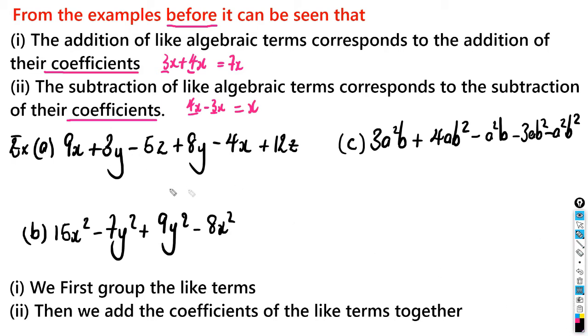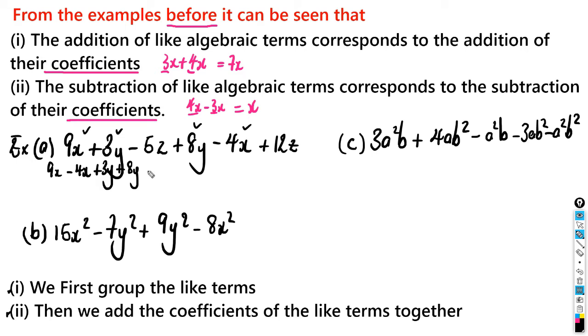Cool. So let's look at these 3 additional examples. And what we're going to do is first we're going to group the like terms, and then we are going to add the coefficients of the like terms together. Okay, guys? So the first thing we're going to do here is group the like terms. So we're going to get 9x minus 4x. Remember, these are like terms. Then we're going to say plus 3y plus 8y. These are also like terms.